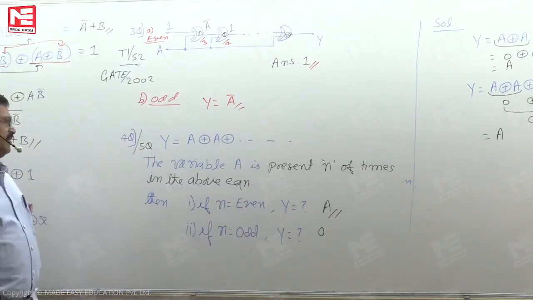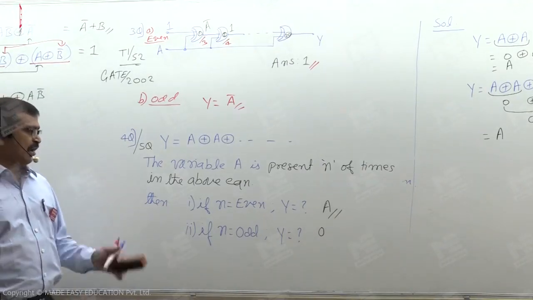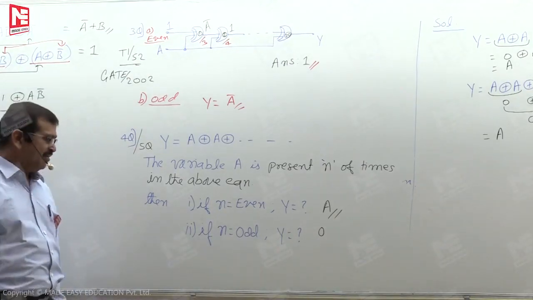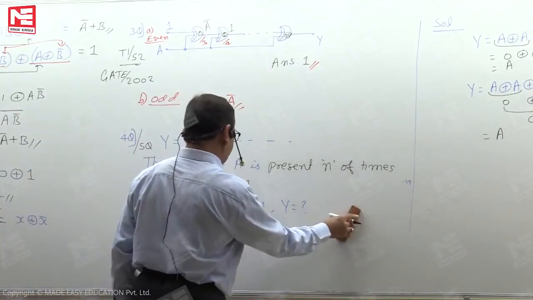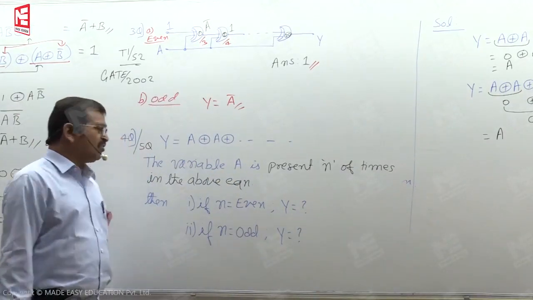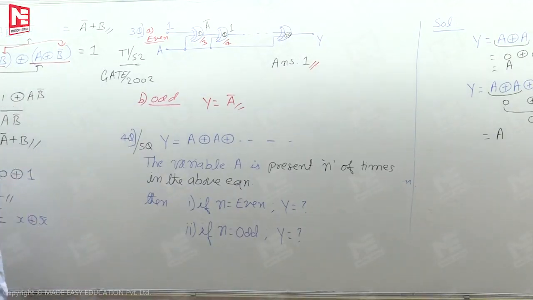Fifth question: the variable A is present n number of times in the above equation. Then if n is even, what is the output y? If n is odd, what is the output y?